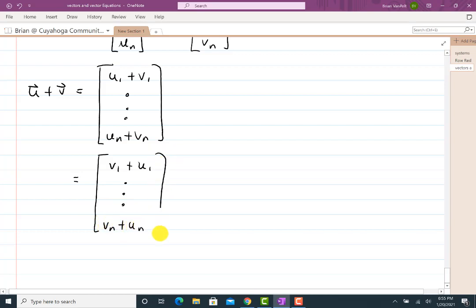I'm able to change the order because the real numbers themselves are commutative under addition. So you've known this about real numbers your whole life. You know that you can switch a plus b equals b plus a when you're talking about real numbers. So all I did was use that to switch the order of each of these components.